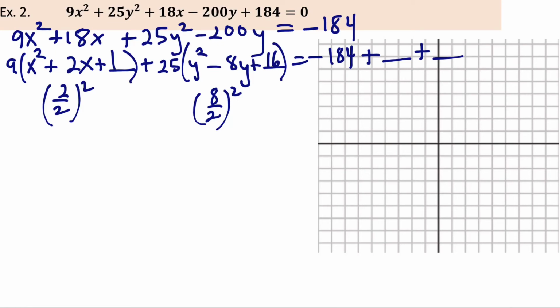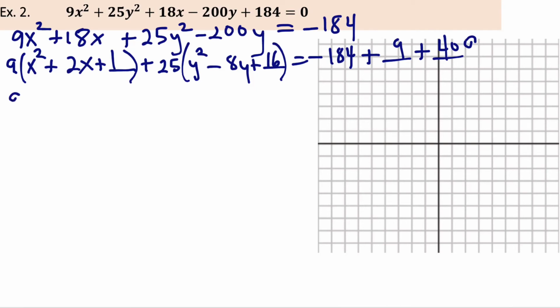All right, now we have to be careful here. We have 9 times 1, so we put a 9 over here. We have 25 times 16, which is 400, so we put a 400 over here. All right, so now let's see what we have in factored form here.